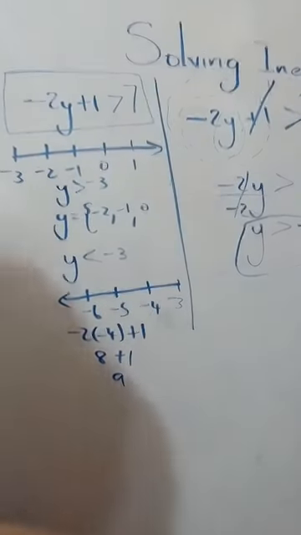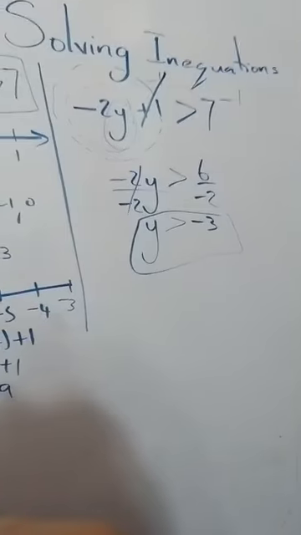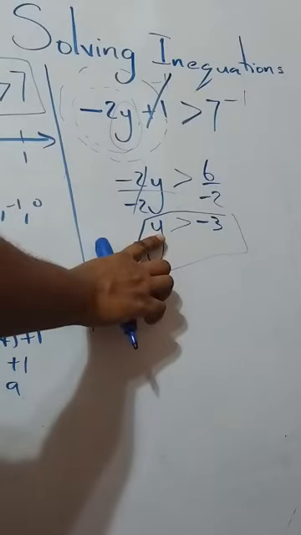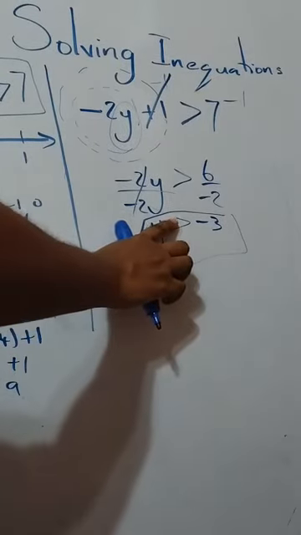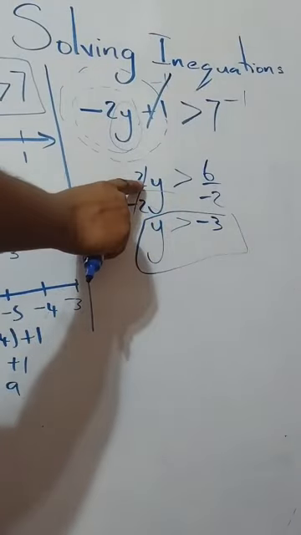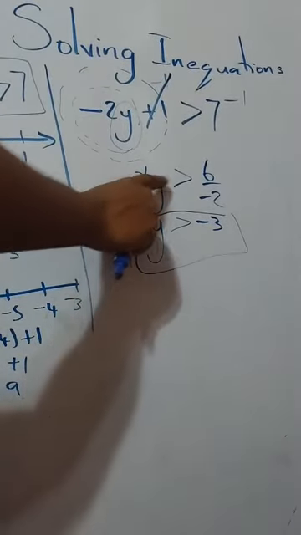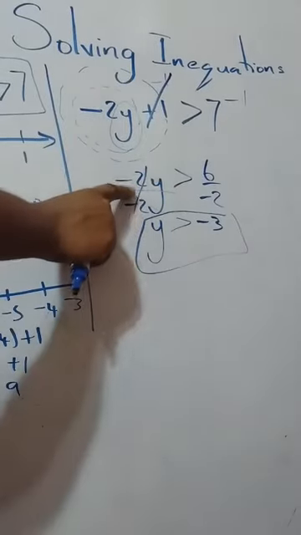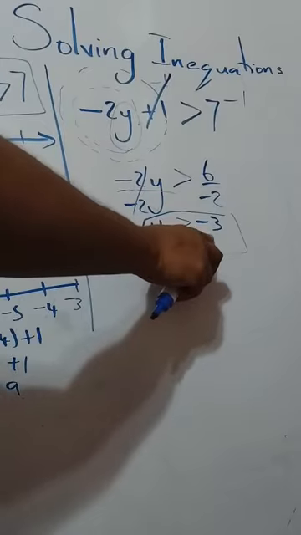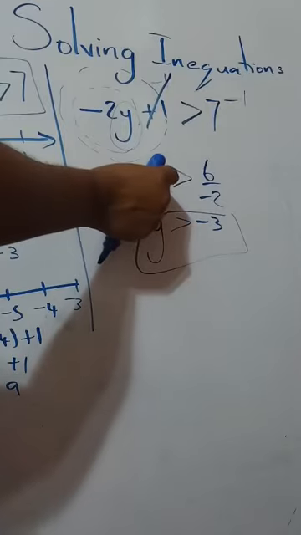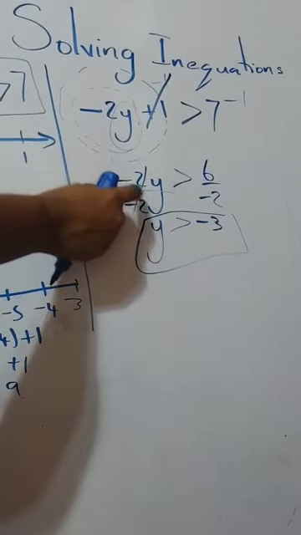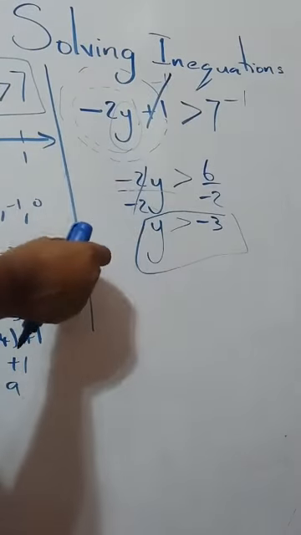What we wanted to find was what value of y would make this statement true. Now, when we solve the equation using our regular method, we would have gotten a statement here that says y is greater than negative 3. But if you look at the fact that a negative number is multiplying y, and you substitute the solution of y, it causes you to have a negative multiplying another negative, which means that this will now become positive.